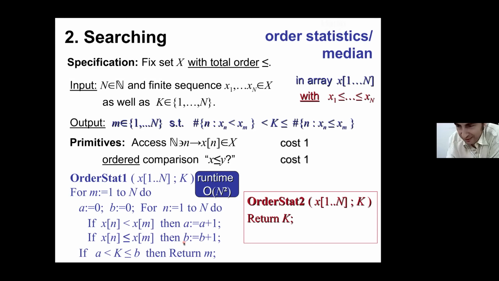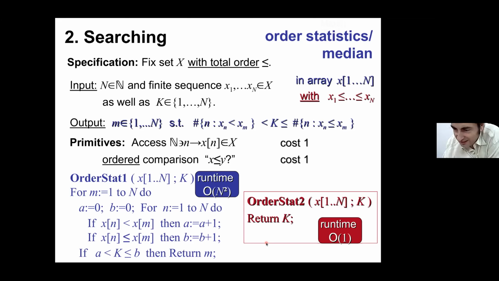So there was a quadratic time naive algorithm, and then we said that if the array is ordered, then there's actually nothing to do. You can simply return k itself. So these were the two order statistics algorithms that we discussed at the time.